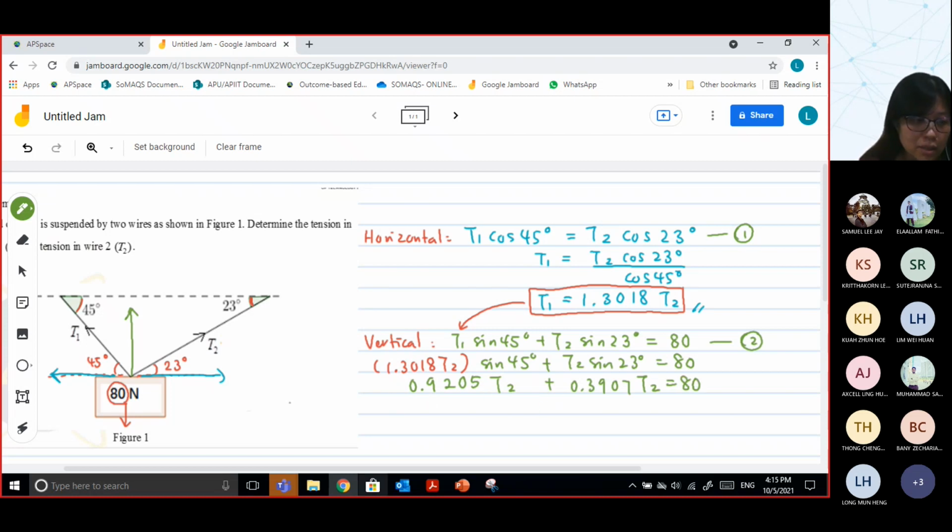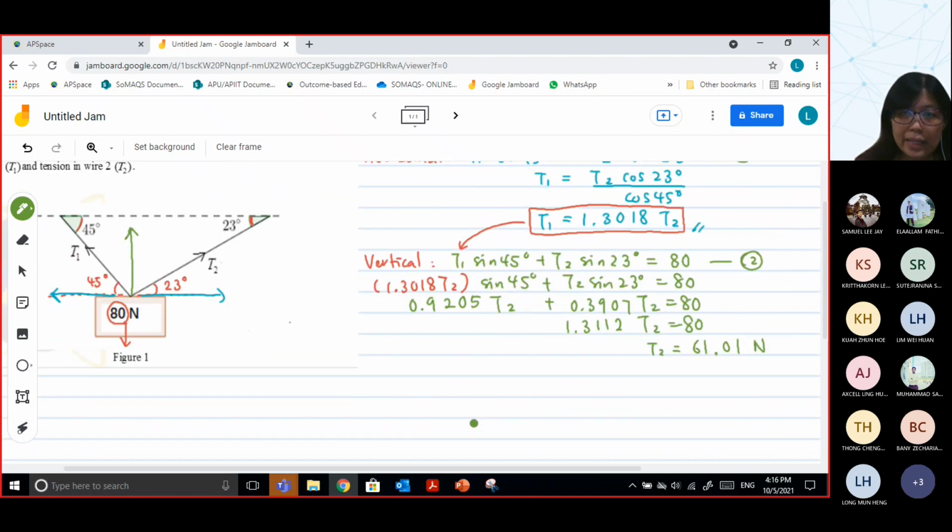Now take the sum. 0.3907 plus 0.9205, which is 1.3112 T2 equals 80. So to find T2, T2 is 80 over 1.3112. So I get 61.01 Newton.